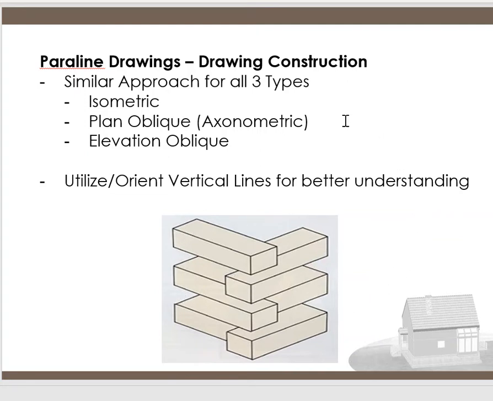So similar approach for all 3. So your isometrics, your plan oblique, your axonometric drawings, and your elevation obliques, they're similar in the understanding. The whole idea is to create a 3-dimensional object by using an x-axis, a y-axis, and that z-axis, which is up and down. And by doing that, we create this look.